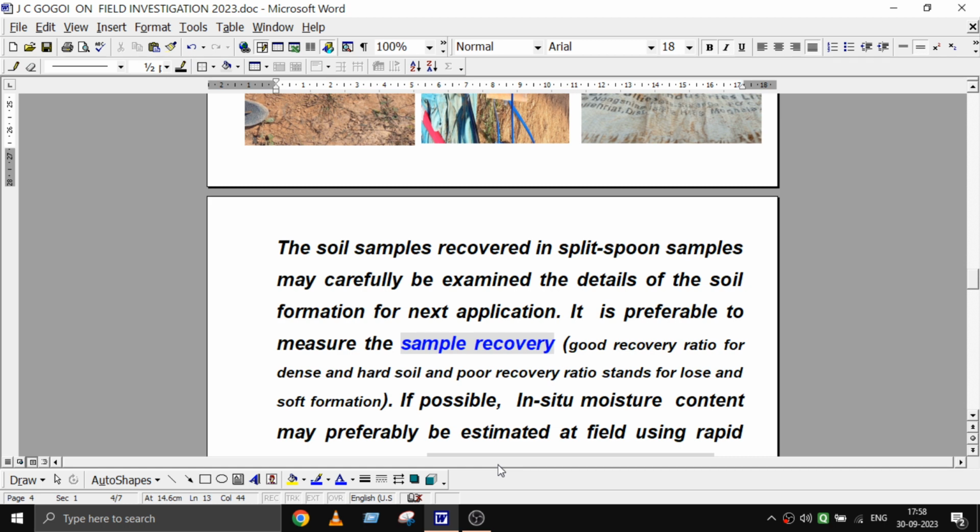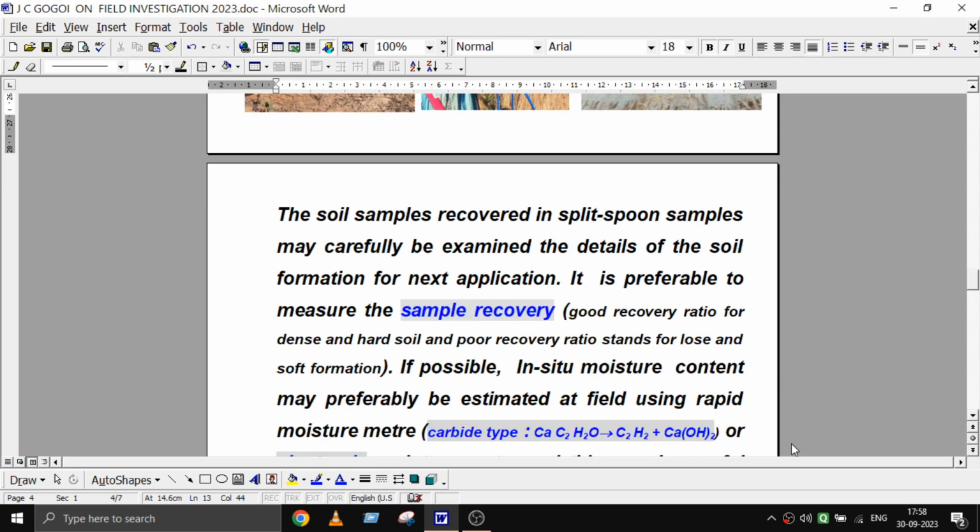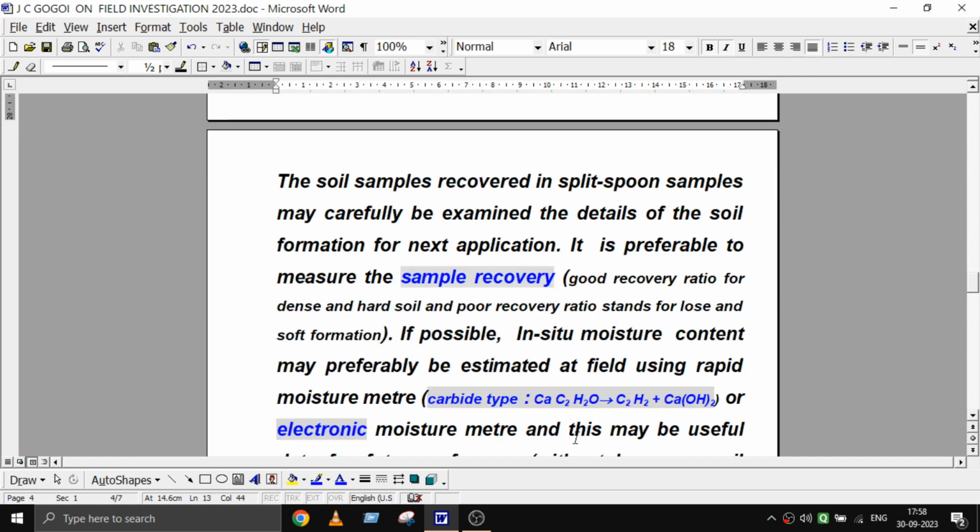If possible, as I told earlier, in situ moisture content may preferably be estimated at the field using a rapid moisture content meter of the carbide type, where carbide reacts with soil moisture, giving acetylene gas and calcium hydroxide, which deflects the reading.